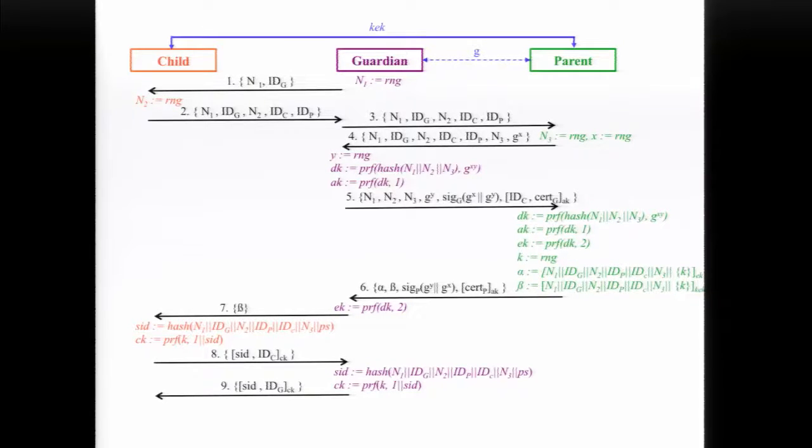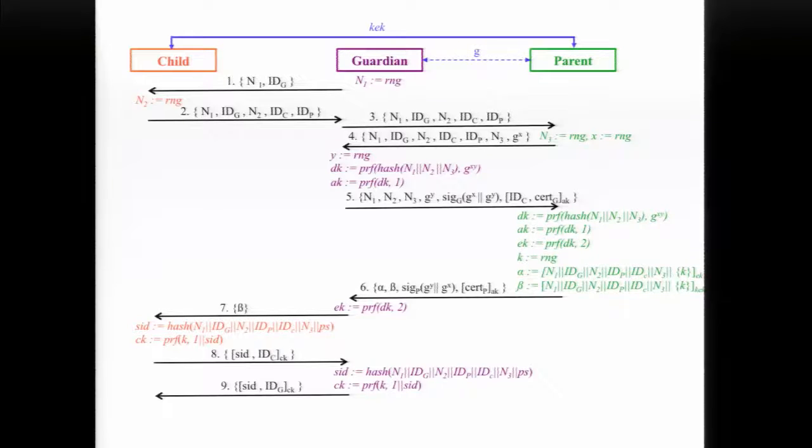So that's the delegation. And if everything is correct, then these two parties can derive a shared secret successfully. But if there is any problem, then these two cannot derive the same key material at the end.